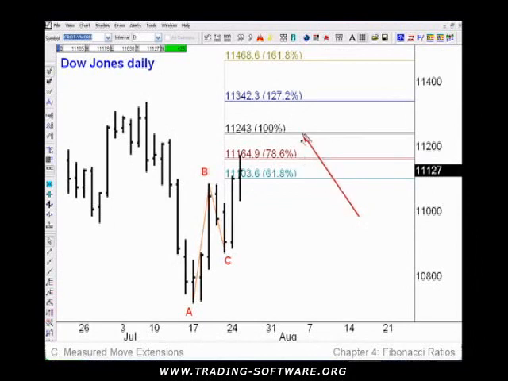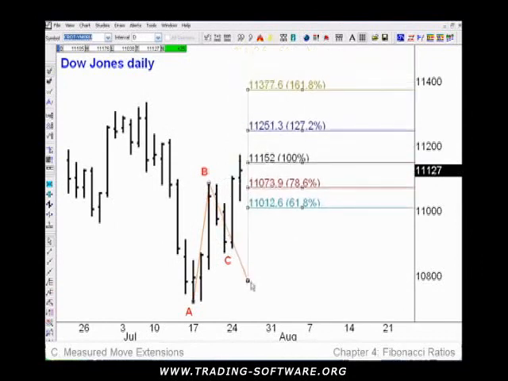Here's the equal distance, 100%, 127%, and the extreme measured move extension of 161%. These are the percentages of AB added to the low of C. And these calculations, of course, will change depending on where point C is. So let's imagine if point C were to be a little deeper, say down here.